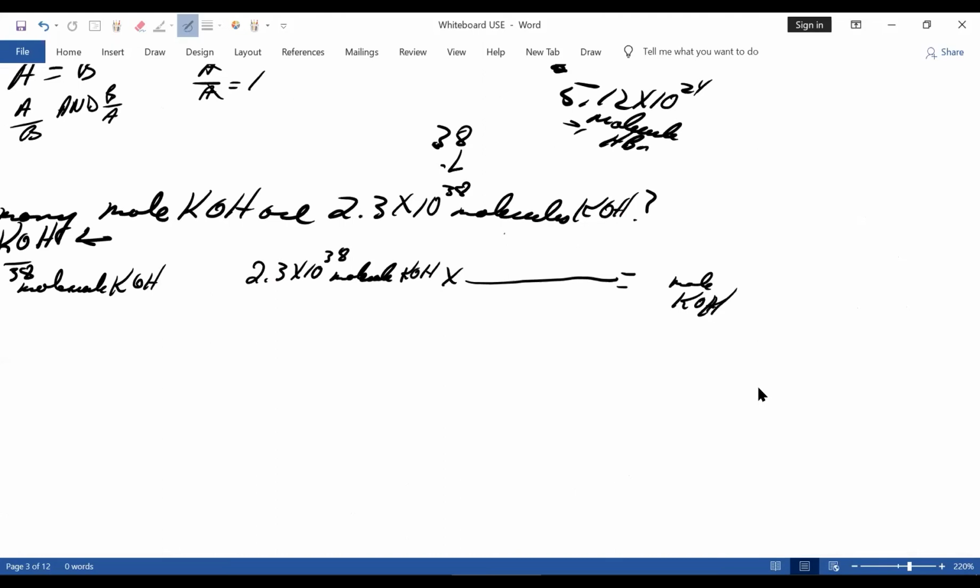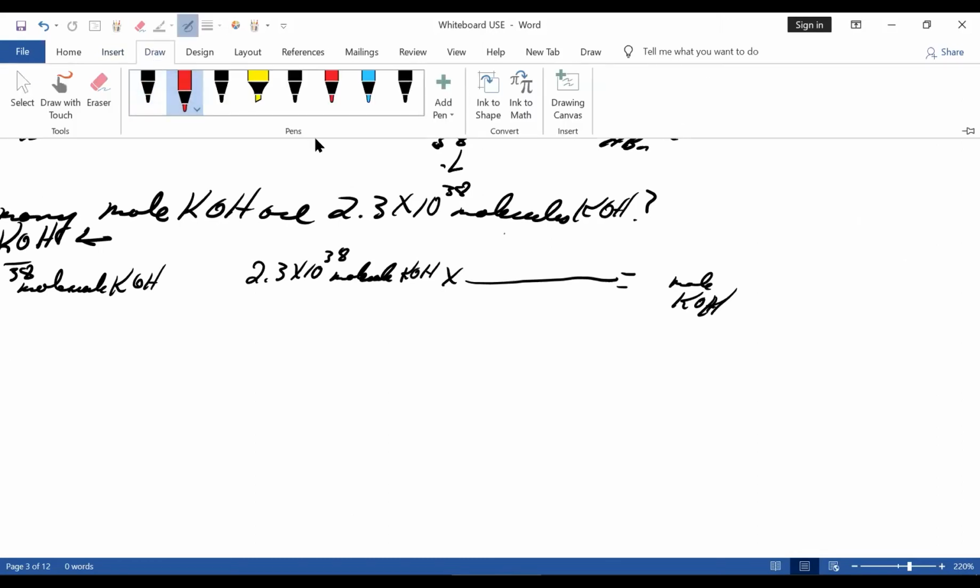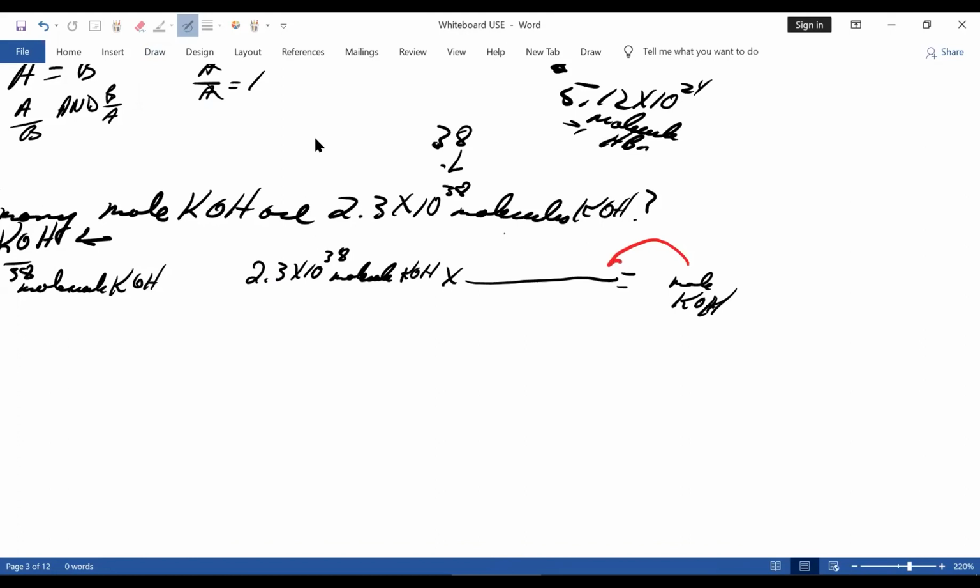And now it's time to use your good buddy, your good friend, unit analysis. Whatever I'm trying to get to goes on top of the ratio, unit-wise. Whatever I'm trying to get rid of goes underneath.